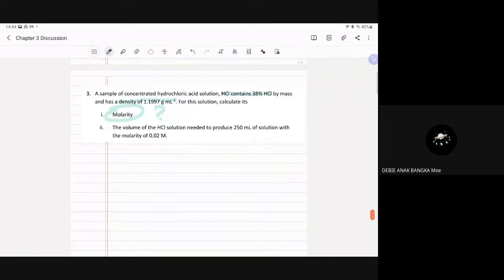So kemudian kita tengok dia bagi tahu percentage by mass adalah 38%. Jadi dia punya density pula dia bagi tahu 1.1997 grams per ml. So for this solution, calculate its molarity. Kita cari dia punya molarity.